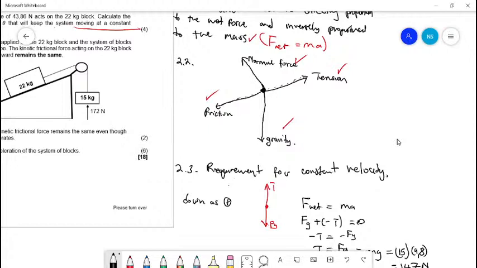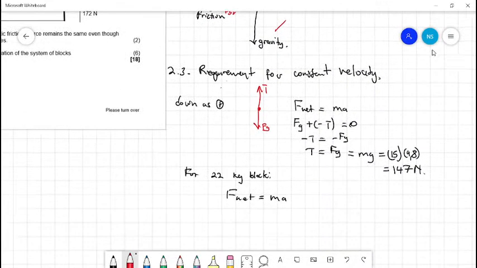The hidden force in the same line with motion is Fg parallel, because this component of gravity produces a component called Fg parallel. So the forces in line with motion here are Fg parallel, friction, and tension. These are the three forces that form part of our F net for the 22 kg block.